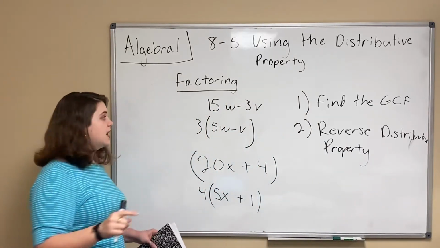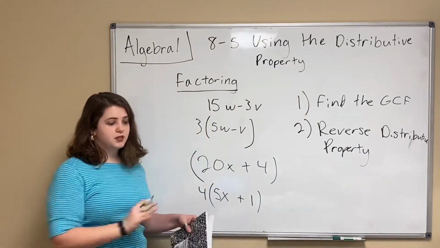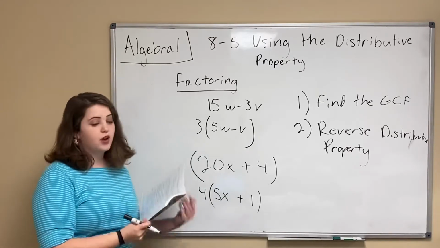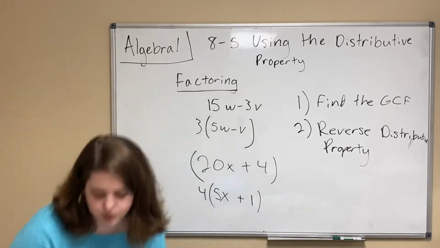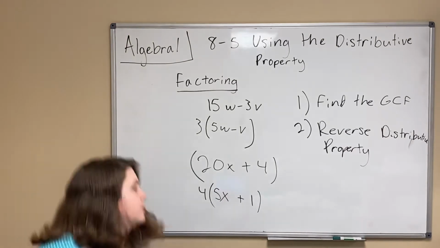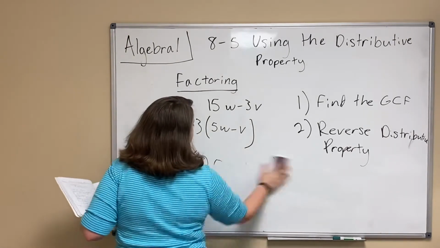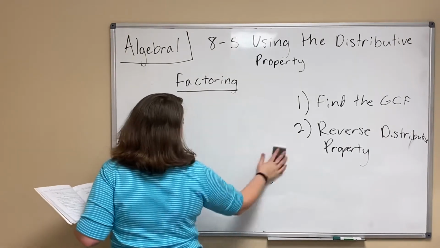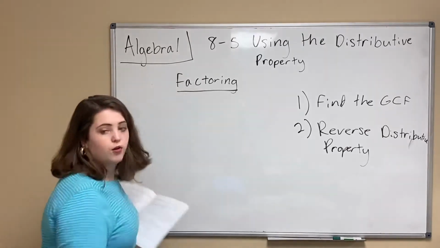Okay, now when you just have two terms, that's pretty easy, but we aren't going to only have 2 terms in every problem that we solve. Sometimes we'll have 4 or even more.